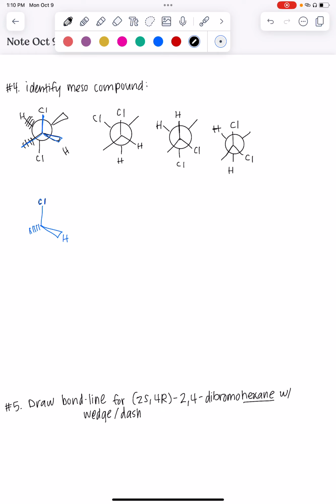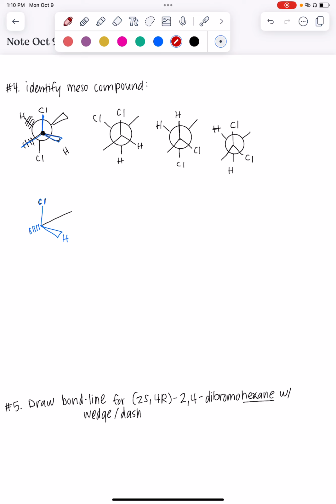And then what we don't see is that carbon-carbon connection. And that is going to be in plane as well, since I've given the left and right forwards and backwards. The carbon in the back, the connection of carbon has to be in plane with the Cl.